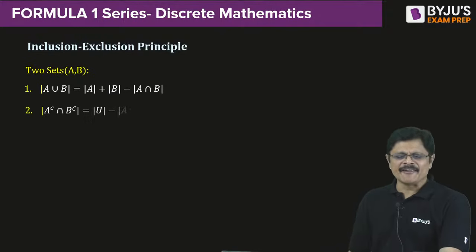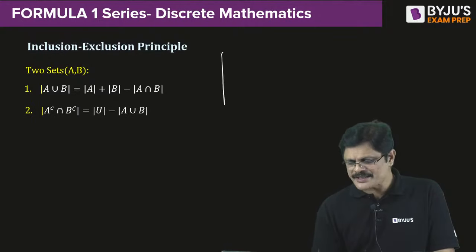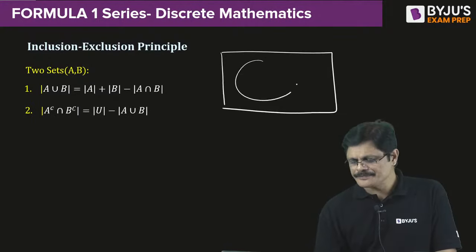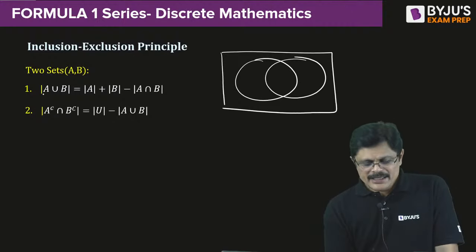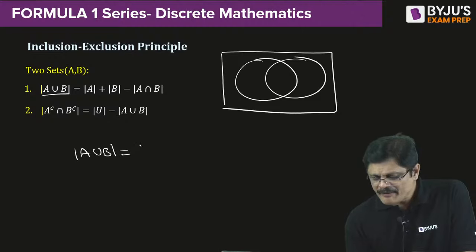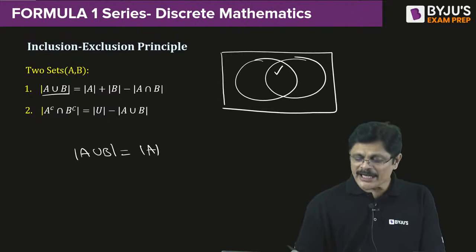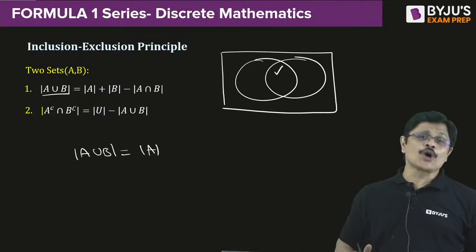I'll give you this idea for inclusion-exclusion principle for two sets. Suppose you are having these two sets, A, B. If you want to know how many elements are there in A union B, first you count the number of elements in A. When you calculate the number of elements in A, this common portion is counted.